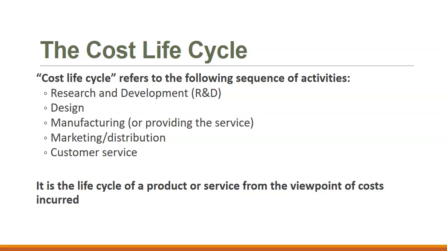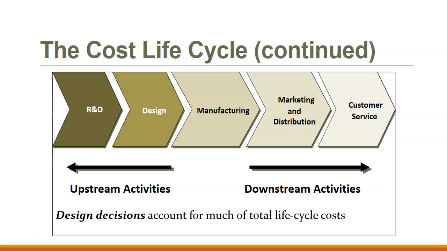Those costs are divided into downstream and upstream activities. Upstream activities are research and development and design, the activities that happen before production even starts. The downstream activities are after production is complete and we're selling, distributing, and providing customer service for a product.